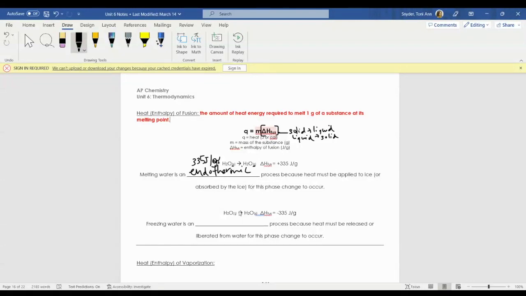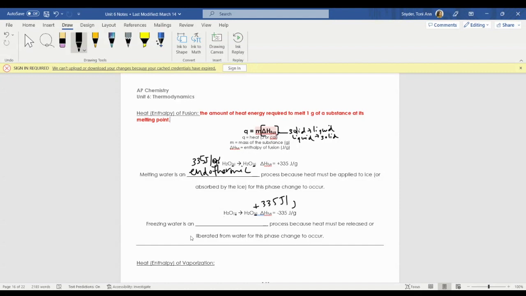And if I look at the opposite process, so if I have liquid water going to solid, if you remember Hess's law, if I flip that equation, that means my sign for delta H also changes. So here, I would release 335 joules per 1 gram of energy.